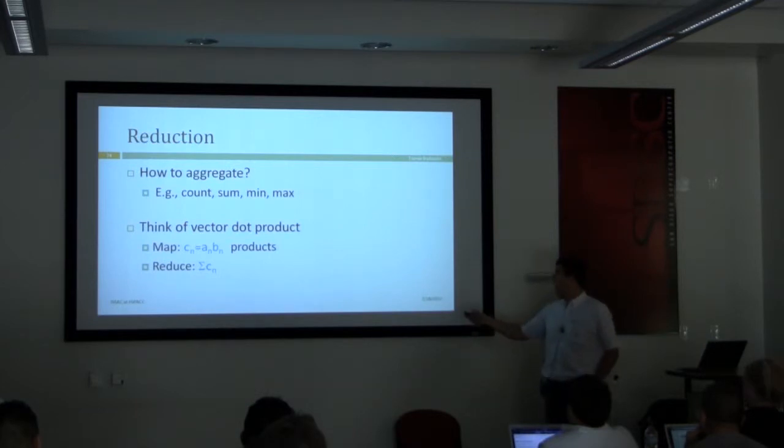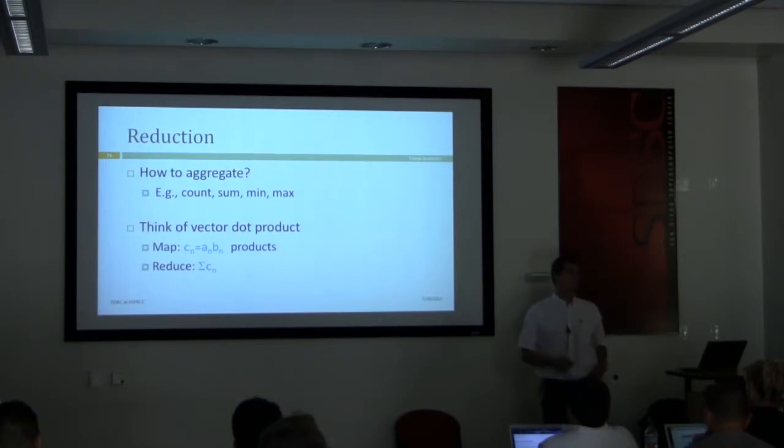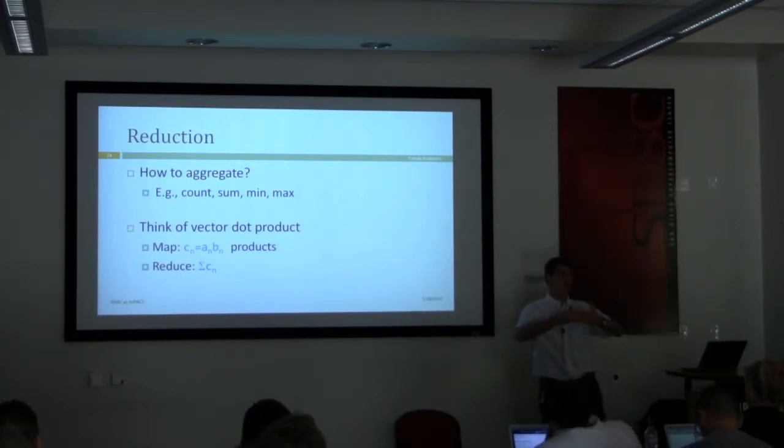Typical operations include count, sum, min, max, the usual stuff. If you want to normalize a vector, you have to figure out the norm of the vector. Figuring out the squares of the components is very fast. You can do it in parallel, but then you have to add things together. So things that were simple before might not be as simple now.